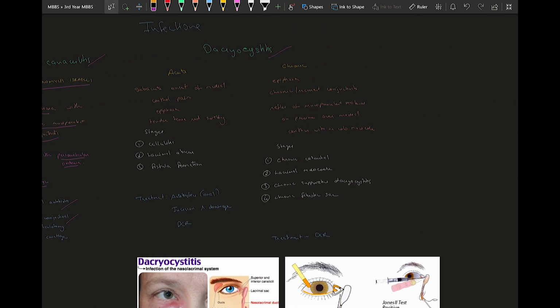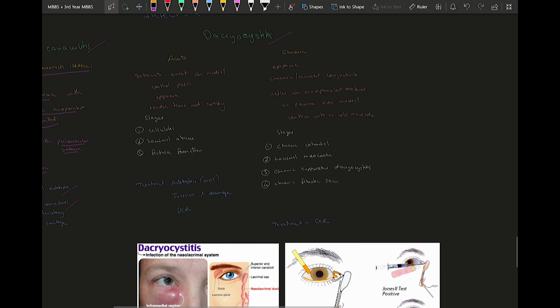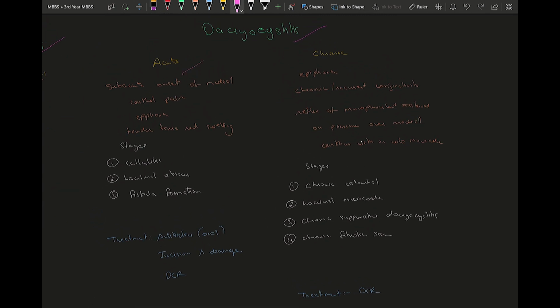Finally, dacryocystitis. This is the most important part in the whole of the lacrimal apparatus. It can be of either acute or chronic type. Acute has medial canthal pain with epiphora and tense swelling. These three things are very important for acute dacryocystitis.